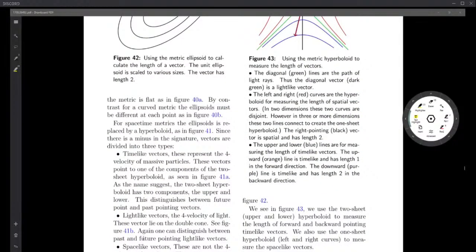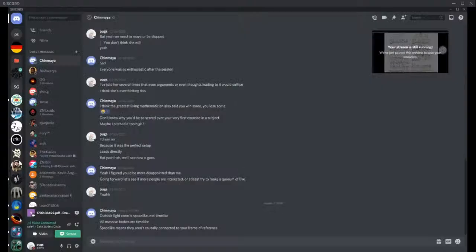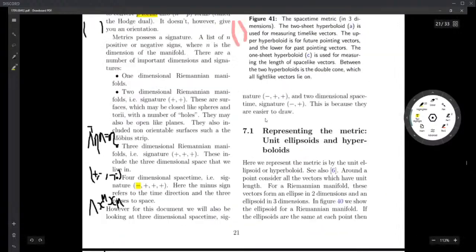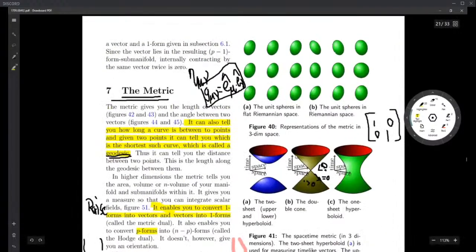All right. So outside the light cone is space-like, not time-like. I am sorry. Space-like, as Chinmay was just pointing out to me, basically means they're not causally connected. In fact, in the last Friday talk, we talked about Bell's version of causality, which is to say, if you have two light cones right next to each other that are non-intersecting, that's the only way you can say that this event in the future wasn't caused by this event in the past.